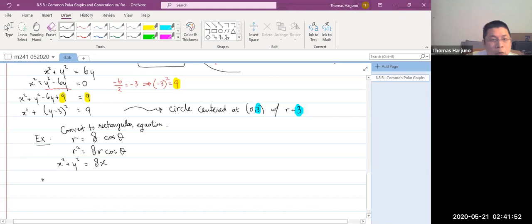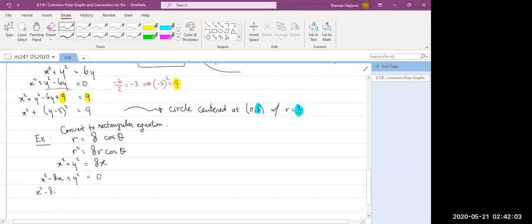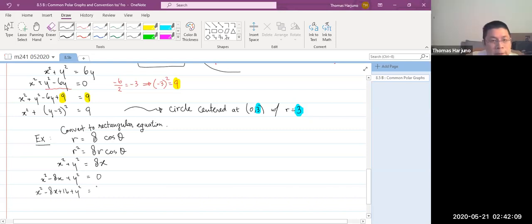Okay, and then I will complete the square, set one side equal to 0. What number do I need to add? You need to complete the square by adding 16. Just in case you want to know, -8 divided by 2 gives us -4, and -4 being squared gives us 16.